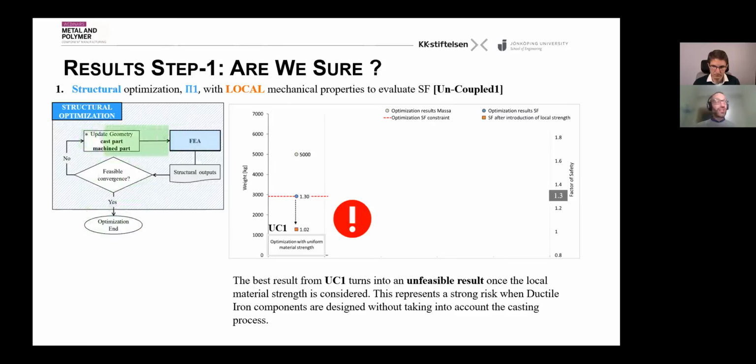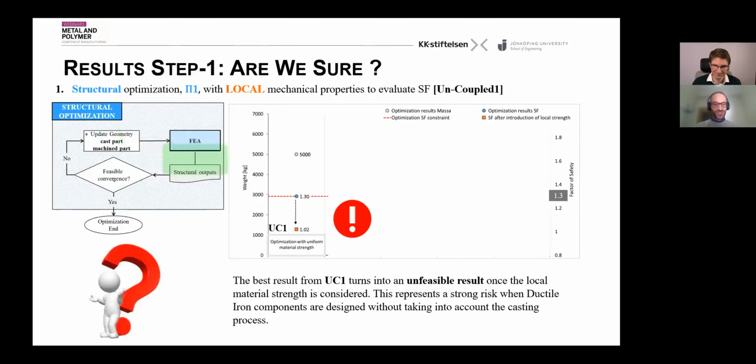And we got really bad news, because comparing the stress with the local strength, our safety factor went down from 1.3 to 1.02, meaning that just taking into account the fact that the strength is not homogeneous, we went from a feasible result to a result that was not feasible for us. It was too risky to go ahead.